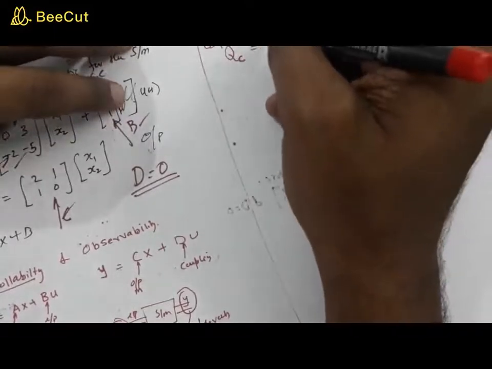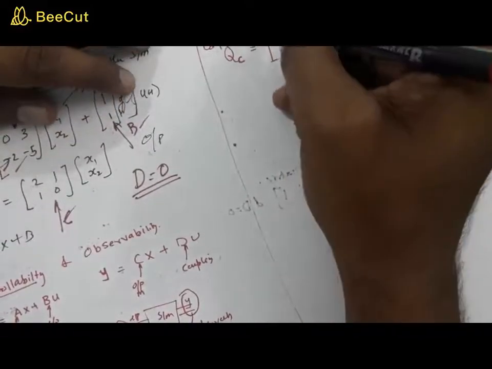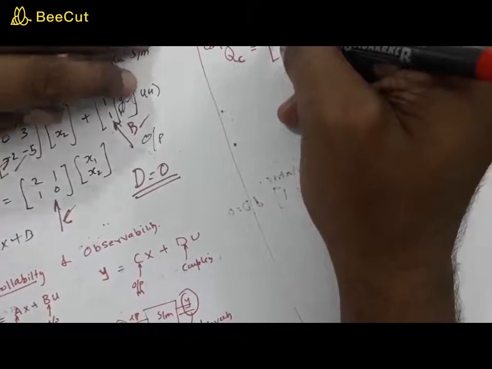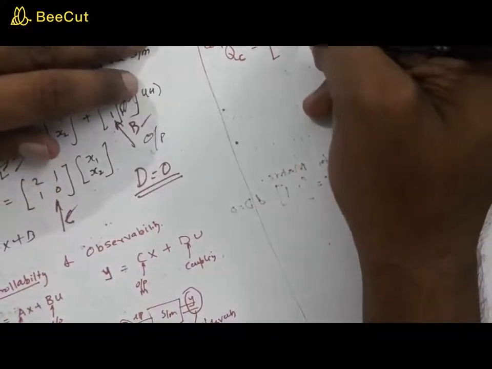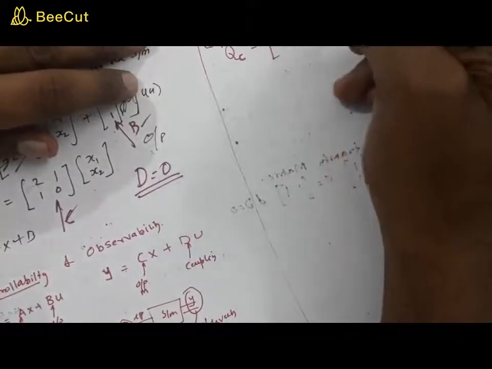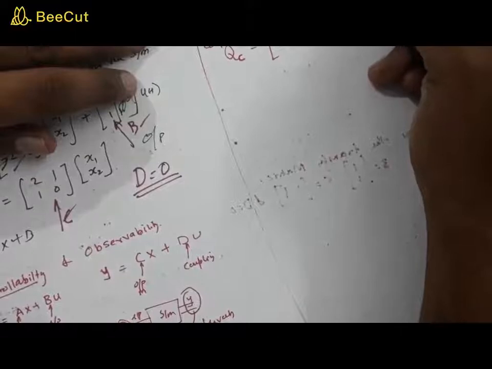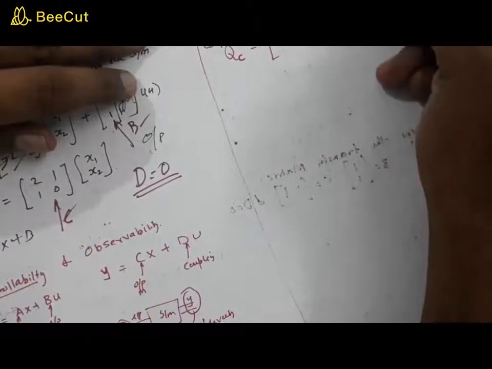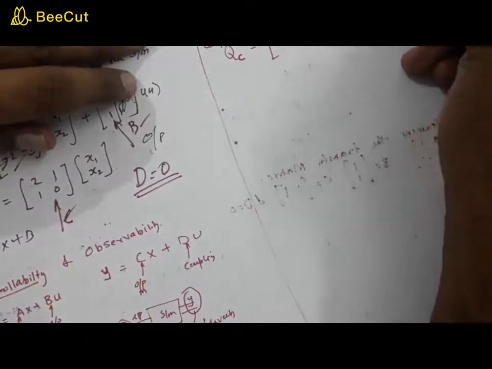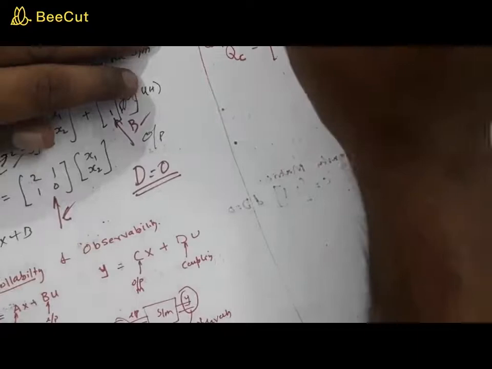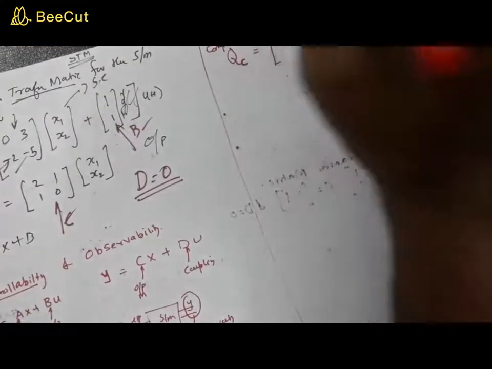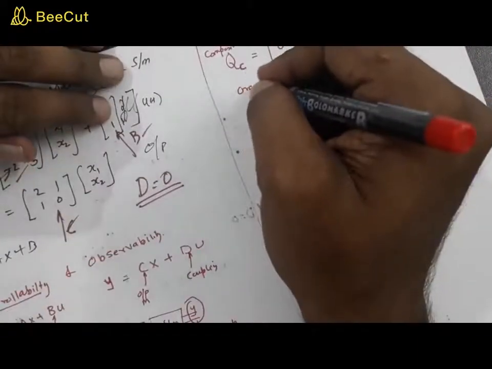That QC is defined like this: the first element will be B, the second element will be AB, the third element will be A square B, the fourth element will be A cube B, and so on up to A to the n minus 1 times B. So what is this n? n refers to the order of the system.